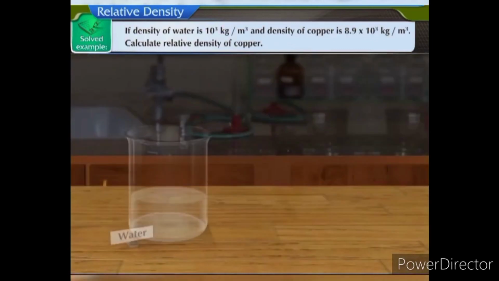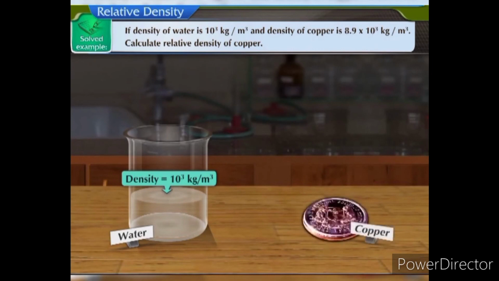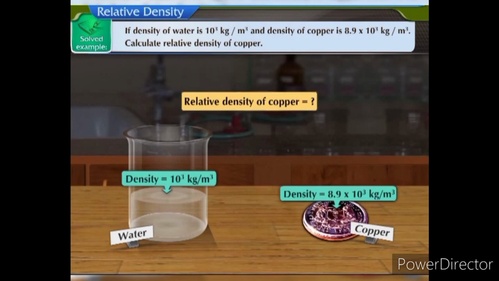If the density of water is 10^3 kilogram per meter cube and the density of copper is 8.9 multiplied by 10^3 kilogram per meter cube, calculate the relative density of copper.